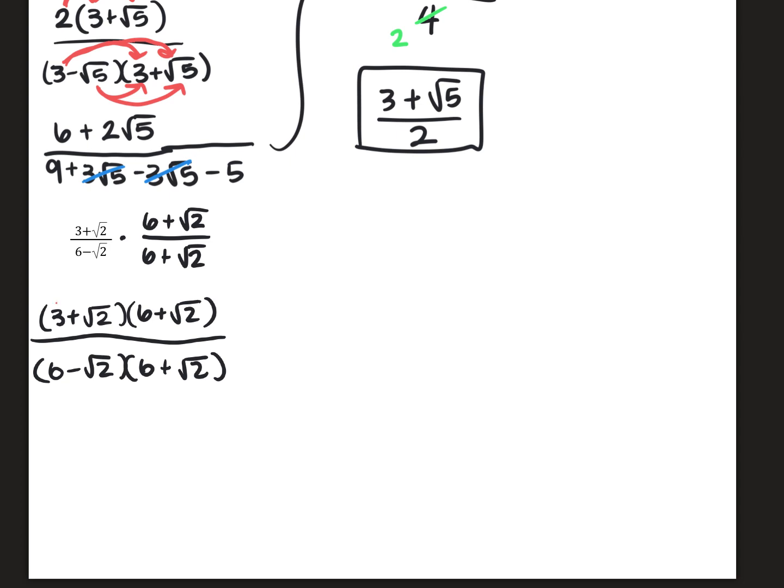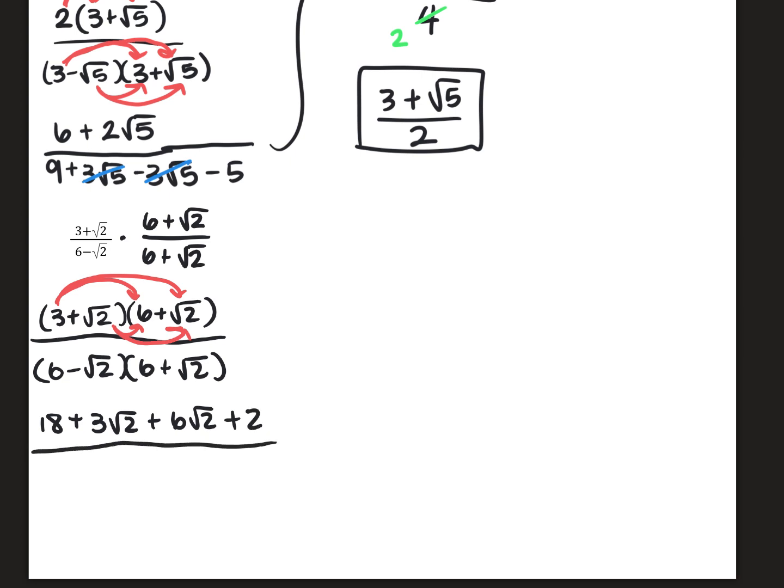In my numerator, I'm going to distribute everything in the first set of parentheses multiplies to everything in the second. So 3 times 6 is 18 plus 3 square root 2 plus 6 square root 2 plus 2. And in my denominator, everything in the first set of parentheses multiplies to everything in the second.